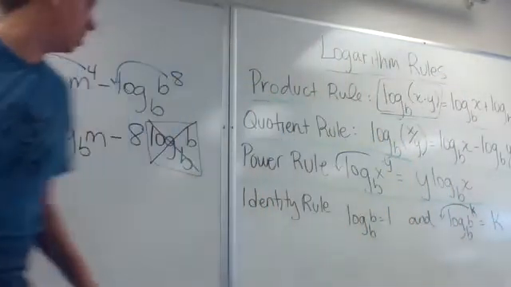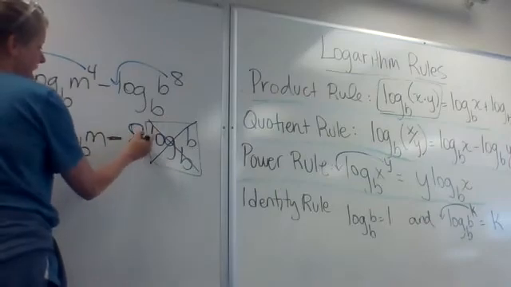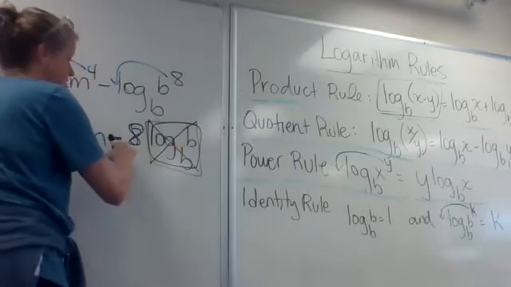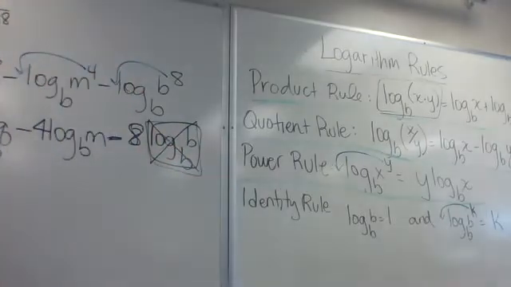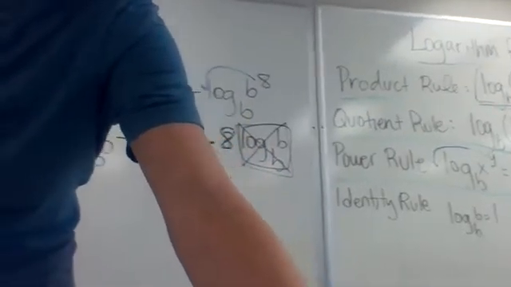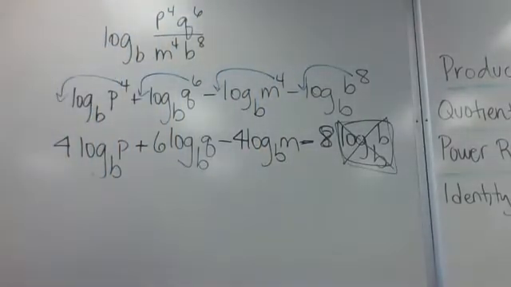So same thing here. This 8 came down, but since log base b of b is 1, so minus 8 times 1, that just kind of falls off, and it's just minus 8 there at the end. Go with me?